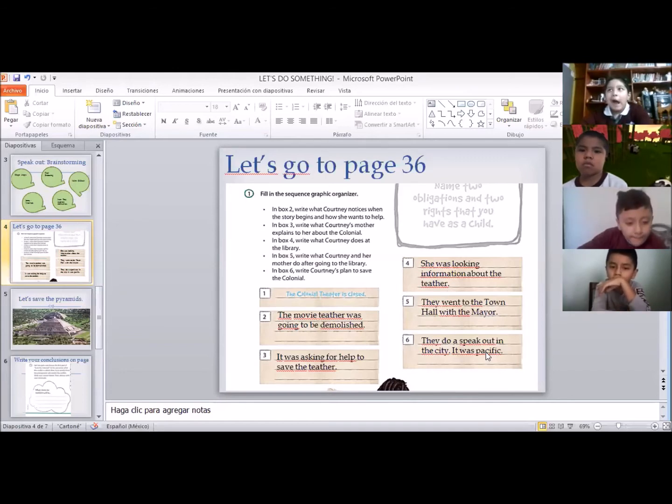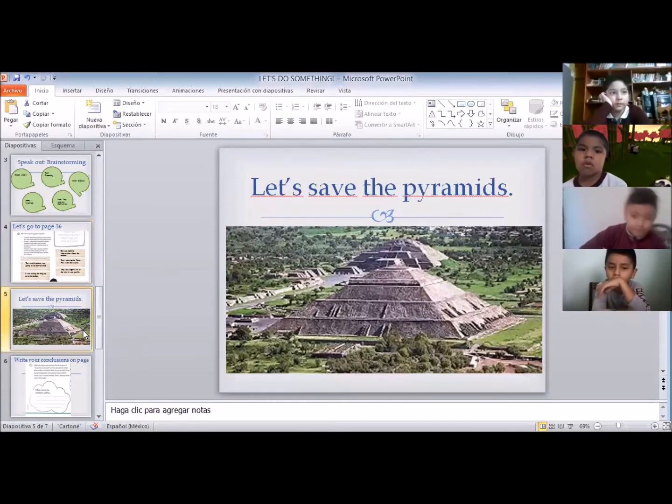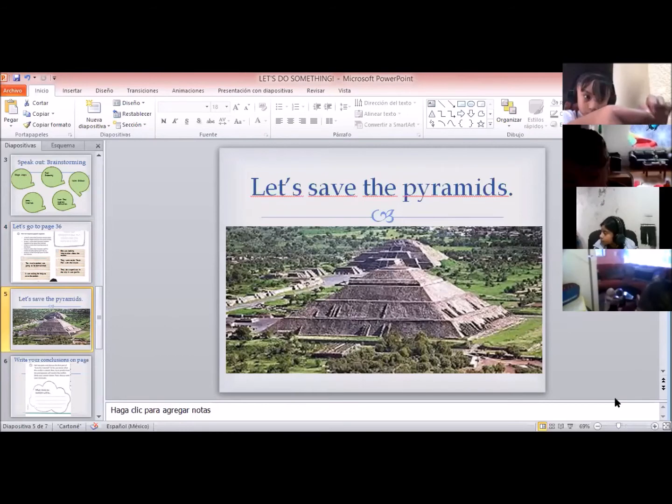We're going to imagine that Teotihuacan is going to be demolished, okay? Imagine that all Teotihuacan is going to be demolished. They're going to create a factory there, a furniture factory. I'm going to split you in 4 different teams, and I'm going to give you 4 minutes, okay?